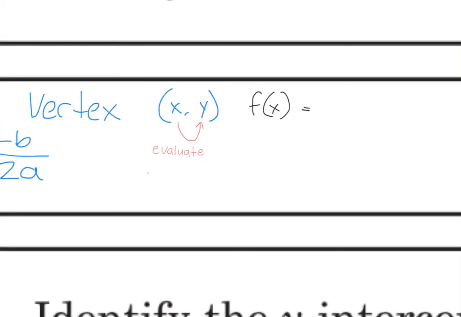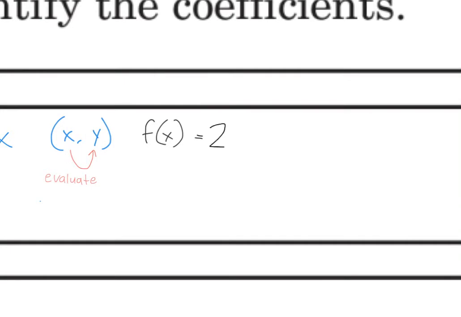So our function was 2x squared plus 8x plus 2. So I'm leaving a blank spot everywhere for my x. Let me erase this x here. And what we're going to plug into it is what we got for our x-coordinate.